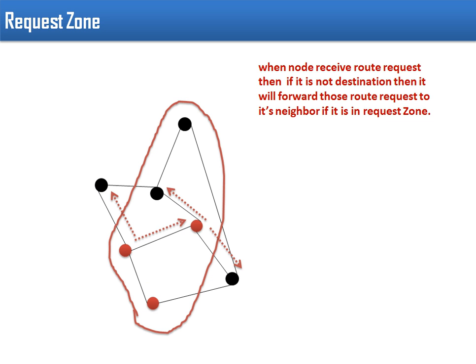So the request zone specifies the area in which, if an intermediate node lies, it will broadcast the route request packet, otherwise it will discard it. So this is how it works.